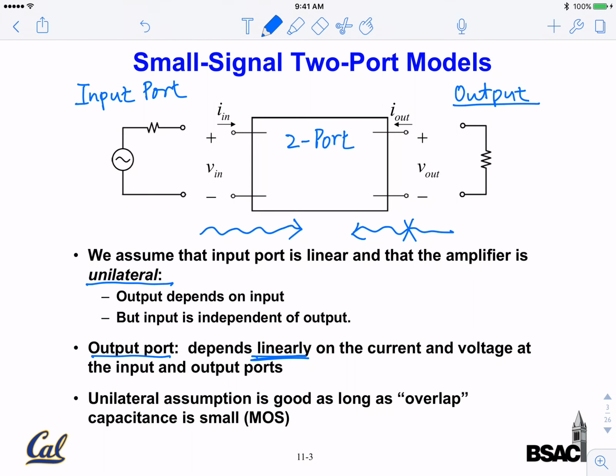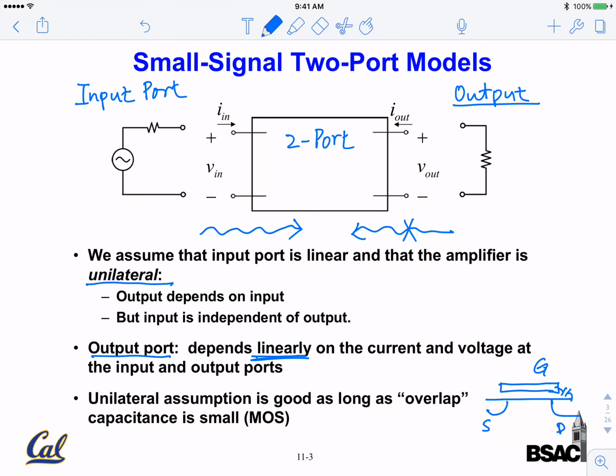One case where the unilateral assumption is not valid is when there is leak-through from input to output. This is when there are overlap capacitances. We will talk about this in more detail later, but basically, think of a gate, a source, and a drain, with finite capacitance between gate and drain.